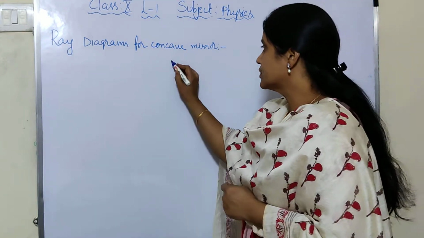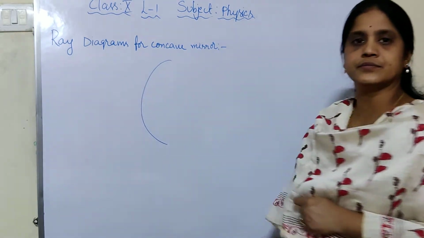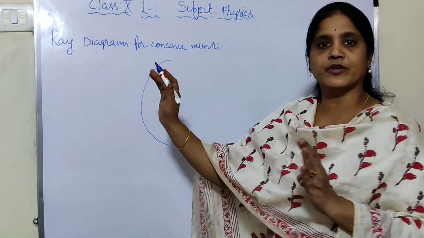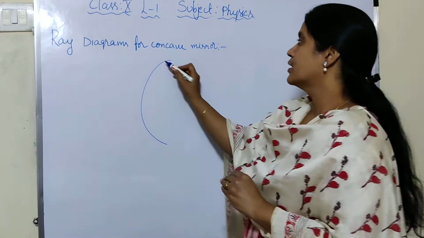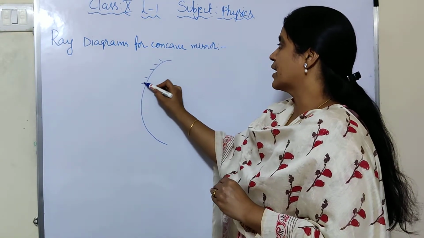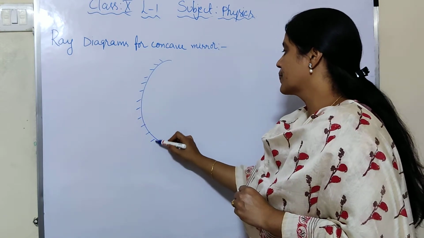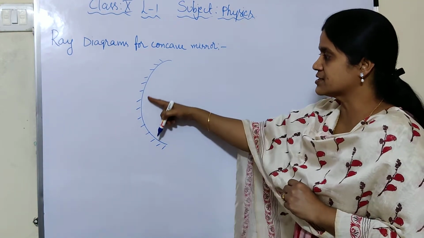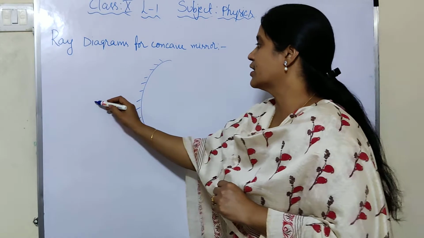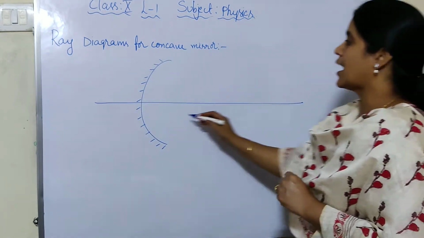First, take a concave mirror. Concave mirror means one side is coated with paint and the reflecting surface is curved inwards. Then draw the principal axis.